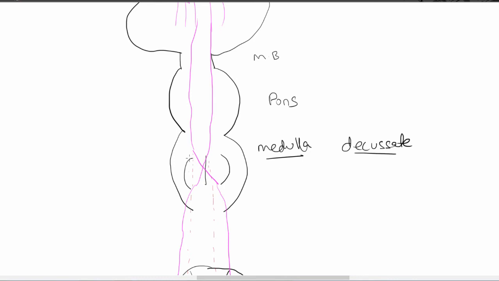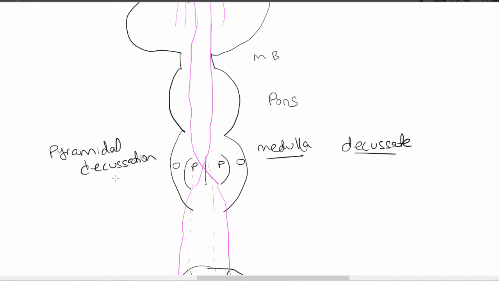In your medulla you have the olives and the pyramids. The olives are more lateral, pyramids are more medial, and the fibers will cross at the level of the pyramids, and that's why we say there's pyramidal decussation. So the corticospinal tract fibers will cross over at the level of the pyramids.